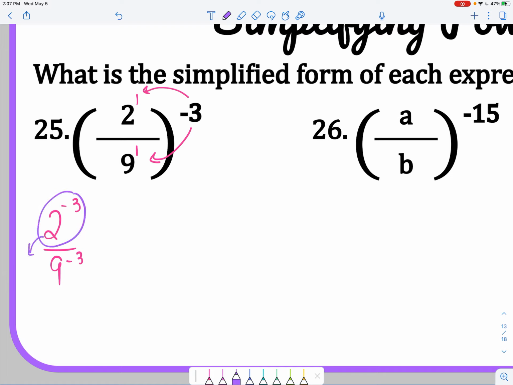So what's going to happen here is I would move this numerator to the bottom and the denominator to the top. So basically it would flip and give you this. That's option number 1.